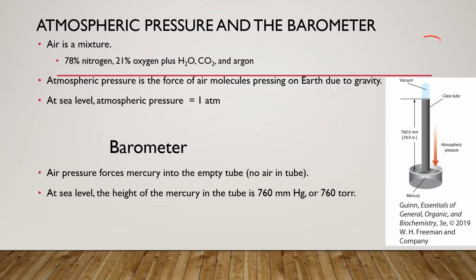So on the planet Earth, we have an atmosphere around the planet, and this atmosphere is mainly composed of nitrogen gas. 78% of the air around the planet Earth is nitrogen, 21% is oxygen, and the remaining 1% is a combination of all the gases such as argon, carbon dioxide, water vapor, and some minor amounts of sulfur dioxide, nitric oxide, and all other gases.